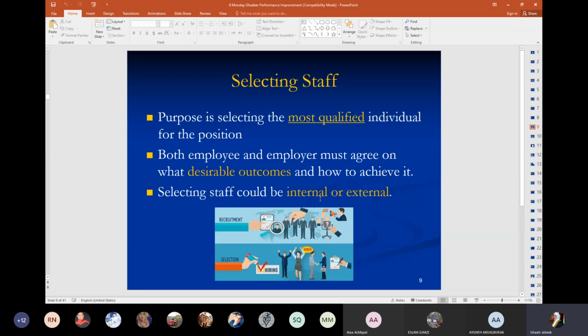And for selection criteria, there are specific criteria for internal and external staff. This criteria includes, for example, experience, as Islam said, also certificate level, leadership and management skills, and management by objectives.